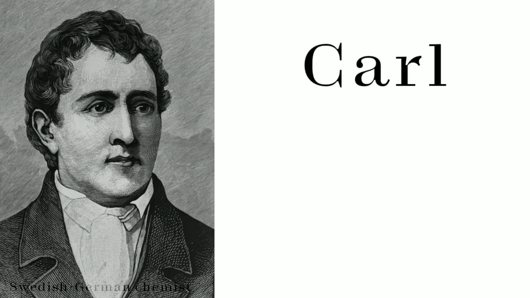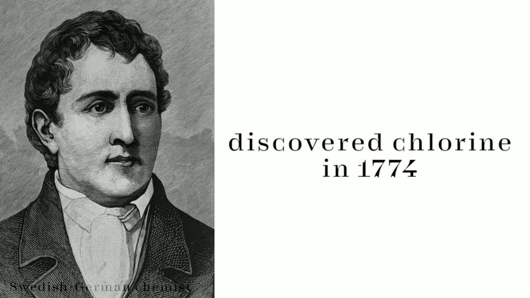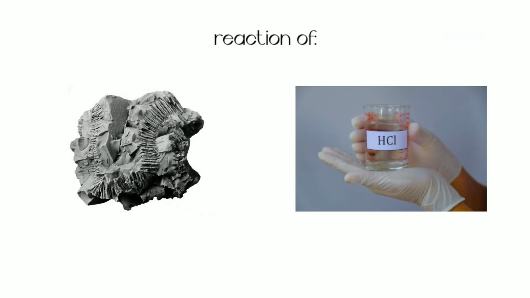Chlorine was discovered by a Swedish-German chemist named Carl Wilhelm Scheele in 1774. He was able to obtain it by the reaction of the mineral pyrolusite with hydrochloric acid.